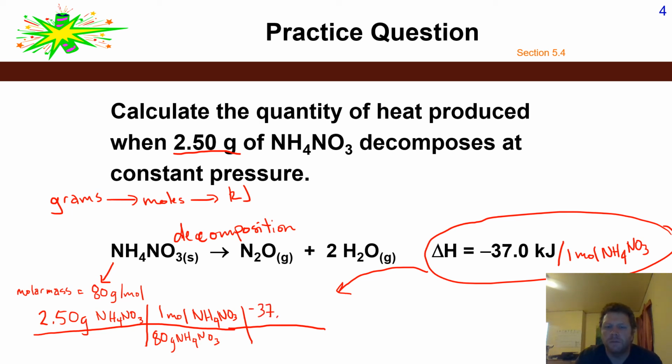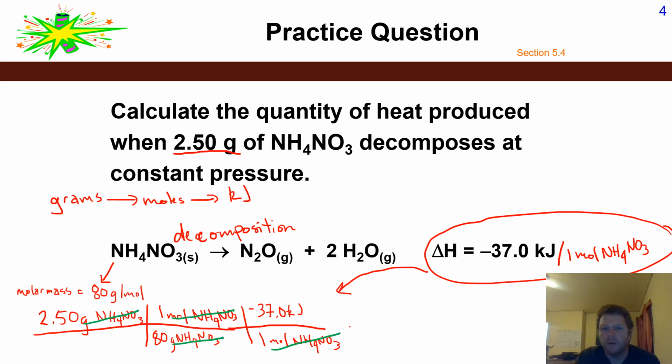We don't have a problem using that negative there because we're going to be doing multiplication, not addition or anything like that. Negative 37 kilojoules per 1 mole of NH4NO3. Looking at what I'm going to eliminate, my grams of NH4NO3 and my moles of NH4NO3 are all going to be eliminated.